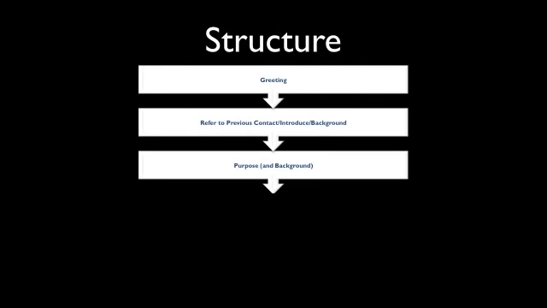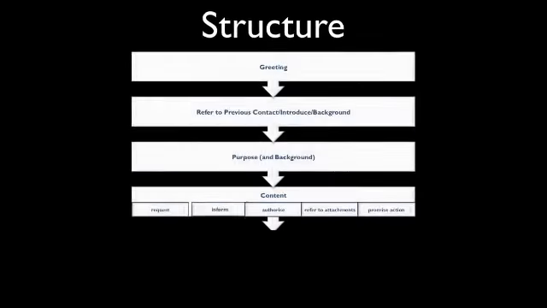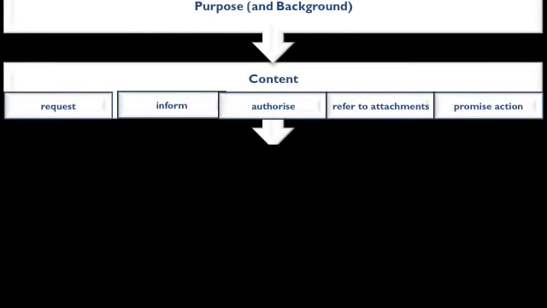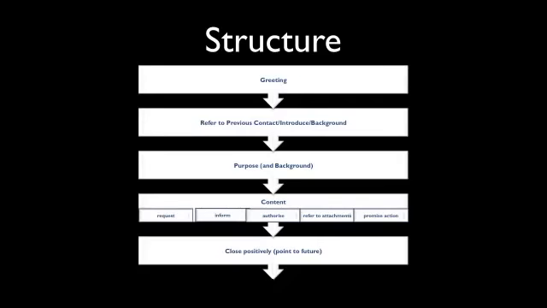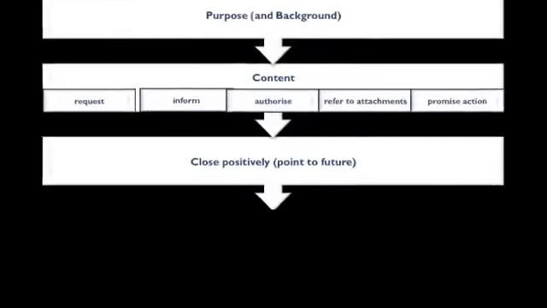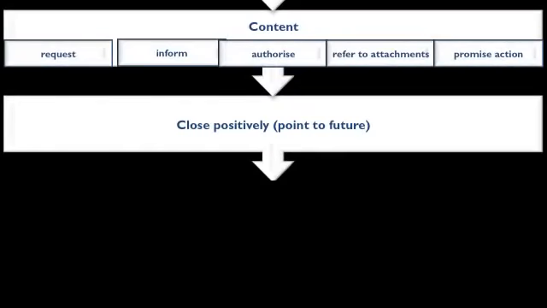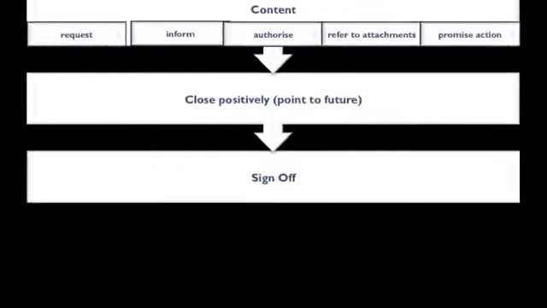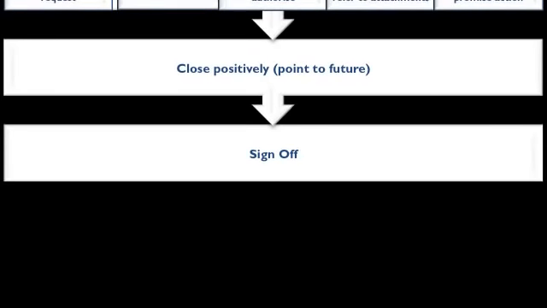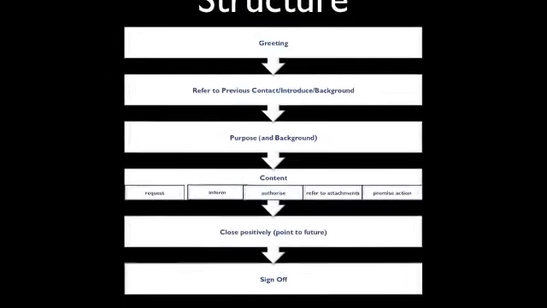We then get to the main body part of the email, where we may advise, authorize, request, inform, ask questions, refer to attachments, and promise action. We then use typical closing phrases that point to future contact. We then sign off and have our signature block with our contact details at the end.